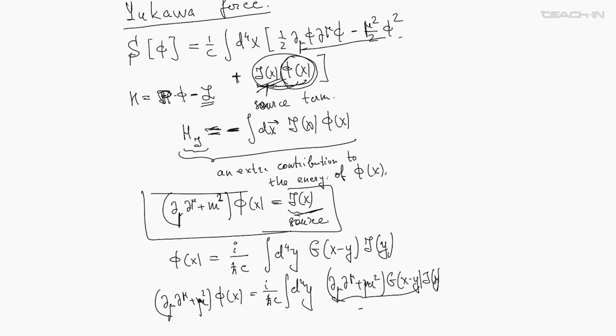And then we integrate over y, and when integrating over y, the minus i with the i cancel, and we get just j(x). And so indeed, this is a solution of the equation with a non-trivial source on the right-hand side. So you give me a Green's function, and I write you a solution of the inhomogeneous Klein-Gordon equation.